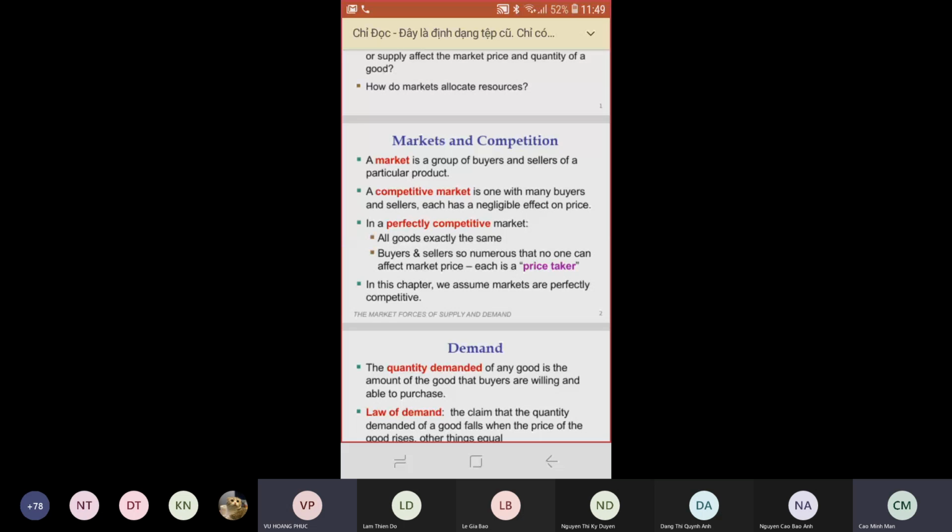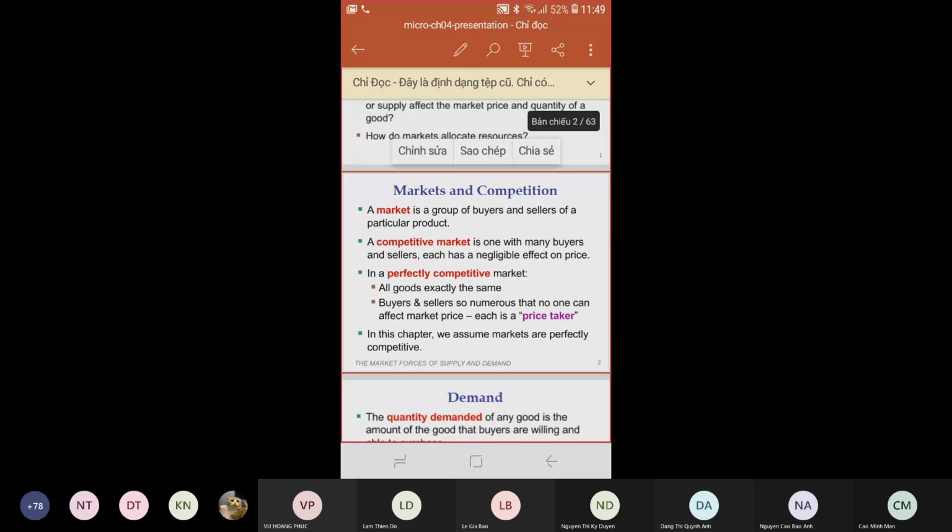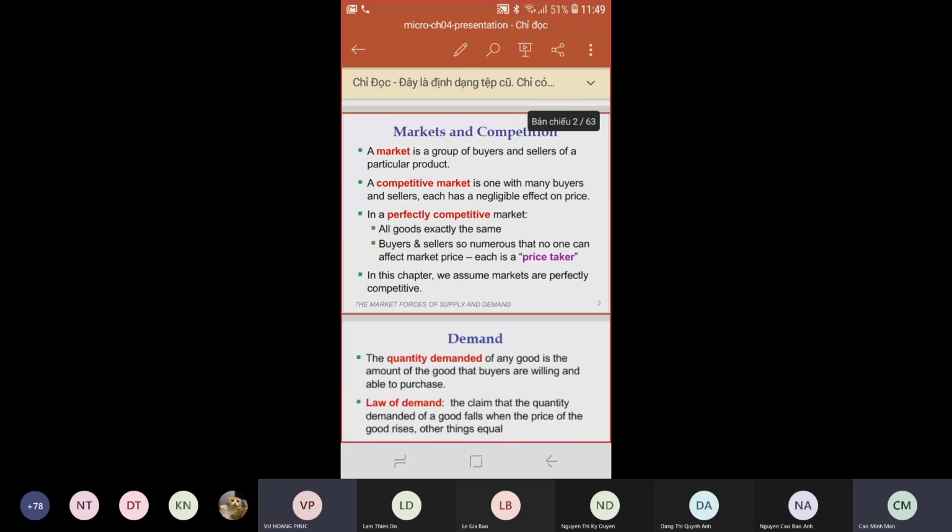I think you hear me. Very, very simple concepts. The first one, the market. The second one, competitive market. And the last one, perfectly competitive market. Those 3 concepts you should know and remember, please.